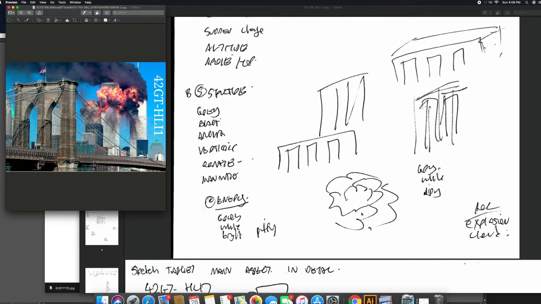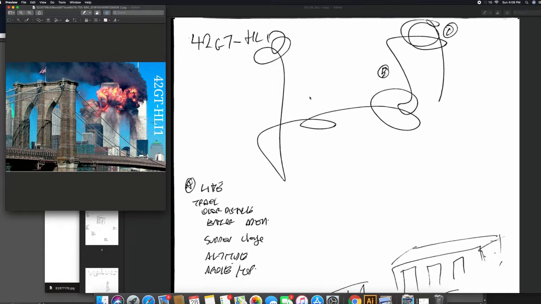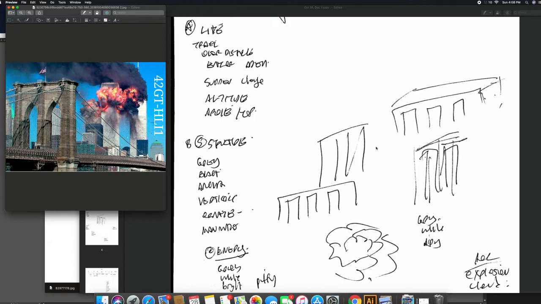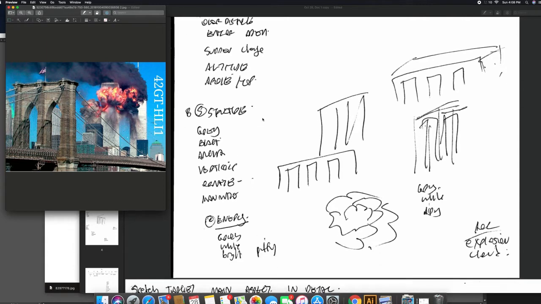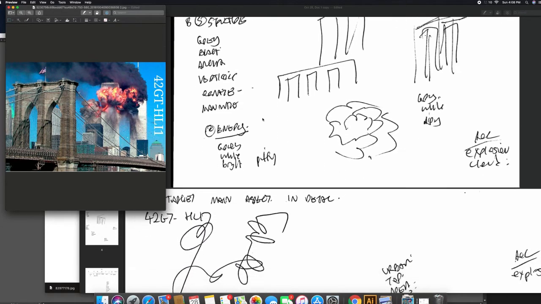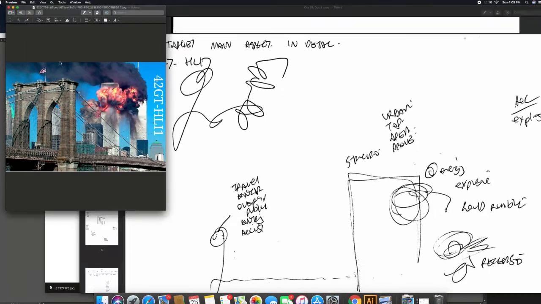I had an AOL of an explosive cloud, and you can see I drew a little cloud here. So in stage 1, using the ideogram, I was able to pull out the main aspects of the target. There's a structure, there's life, something happens in a higher altitude area above, and there's an energy event associated with that. Moving on to the stage 2 sketch.